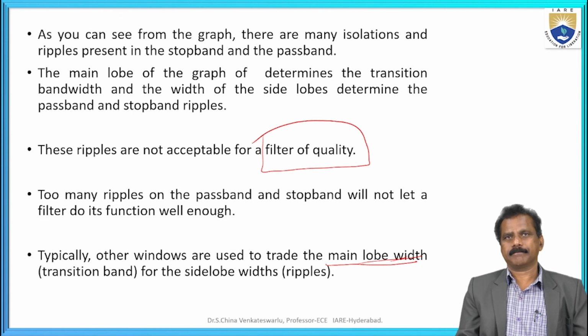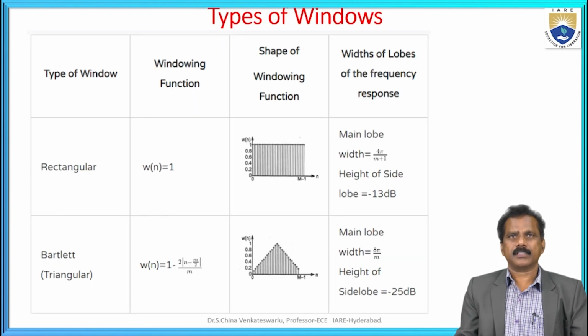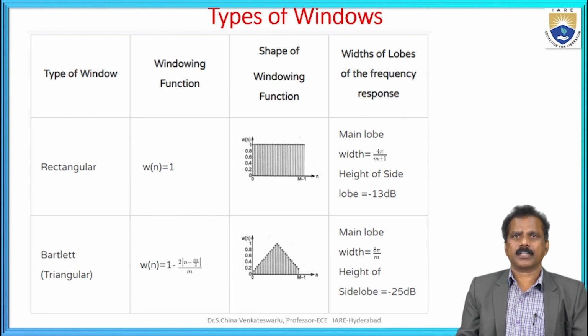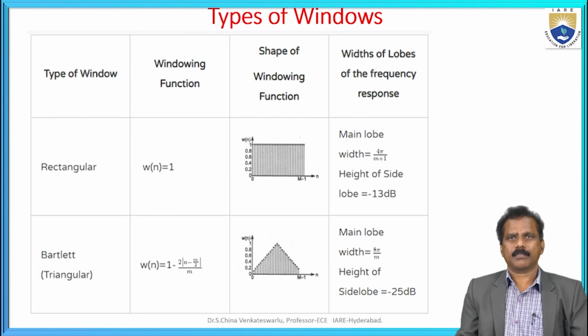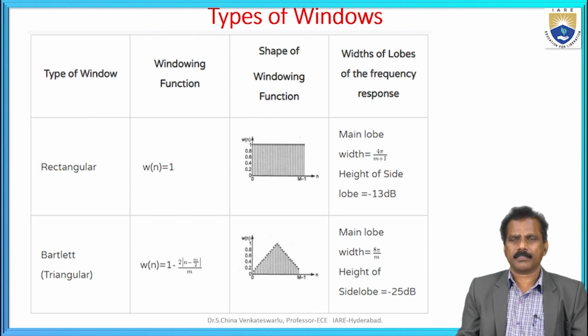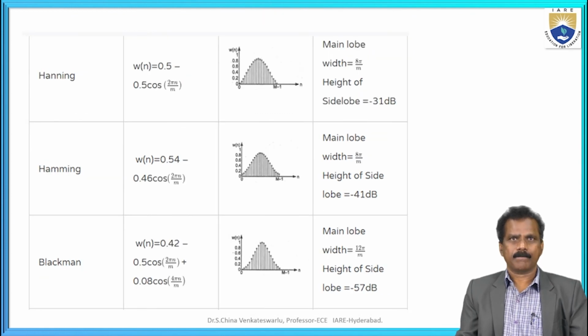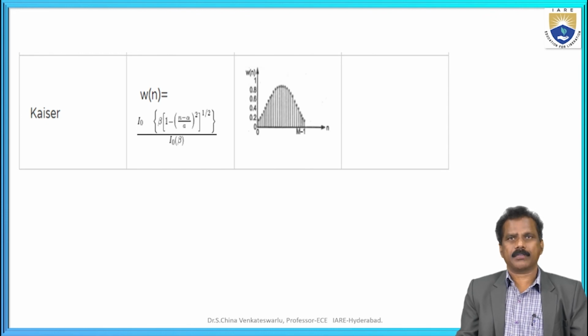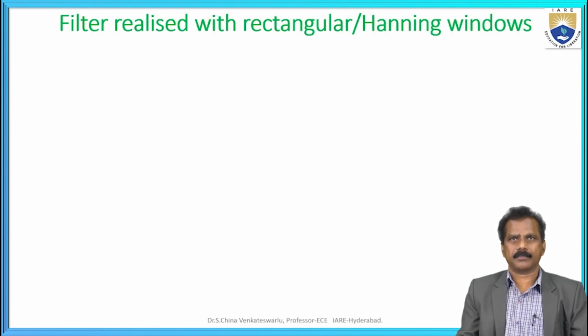These are the types of windows. The rectangular window function is w of n equal to 1. Then the shape of the window function, the width of the lobes of the frequency response, main lobe width and so on. Likewise Hamming, Hanning, Blackman and Kaiser. These are the expected waveforms.